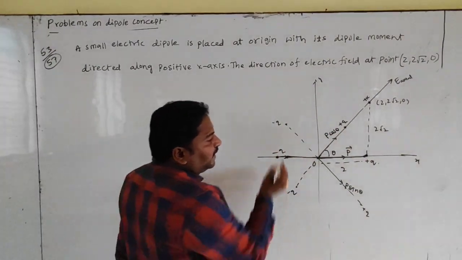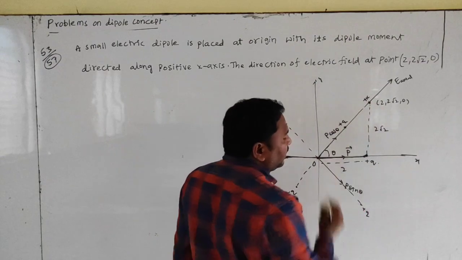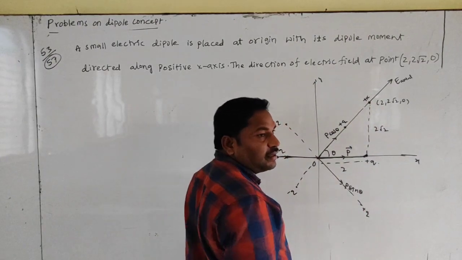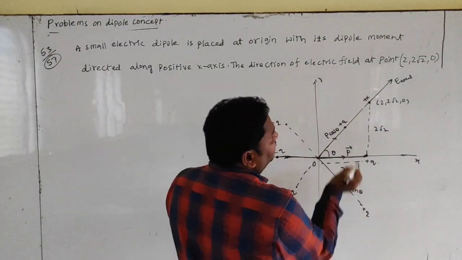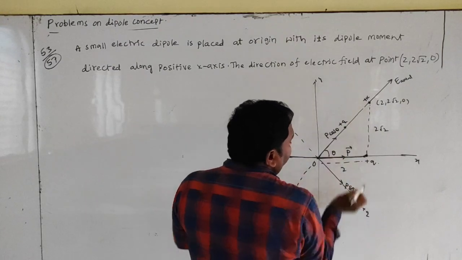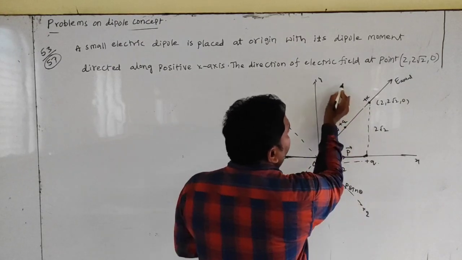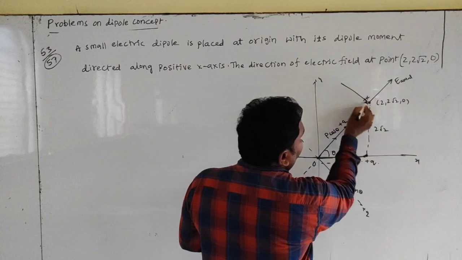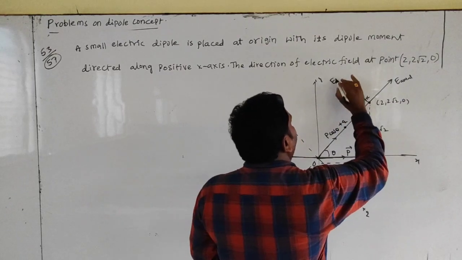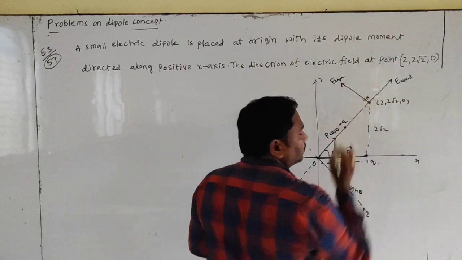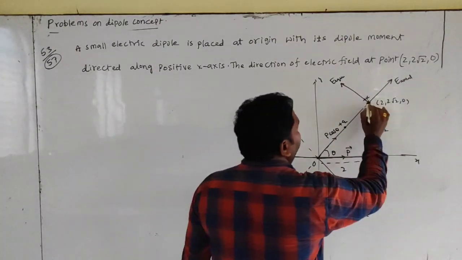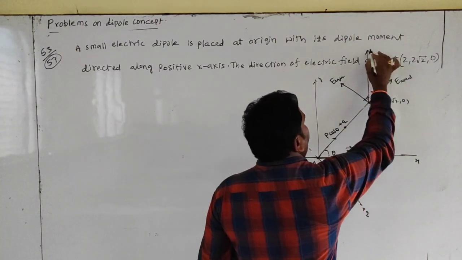Now for this dipole, this point acts as an equatorial point. In the equatorial position, what is the direction of the electric field? It is opposite to the dipole moment, so in this direction E equatorial is acting. So now the resultant electric field is in this direction, E net.